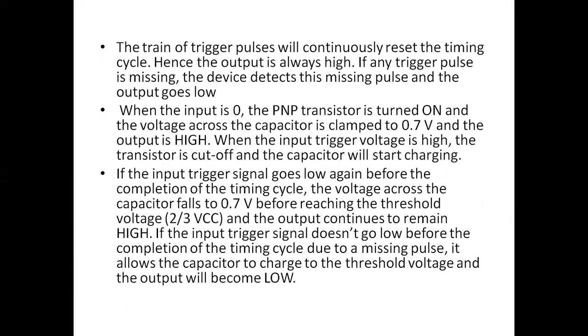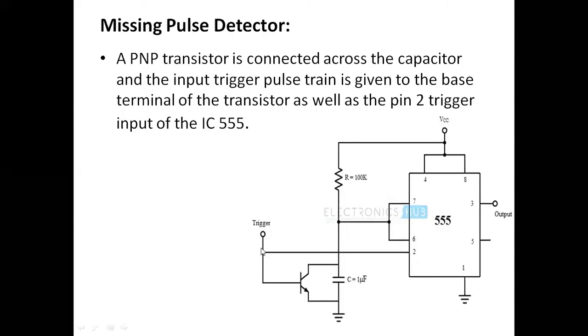For example, when the input is 0, the PNP transistor will be on. If it is on, the capacitor charges to, or clamps at, 0.7 volts. So this is the condition when the input is 0.